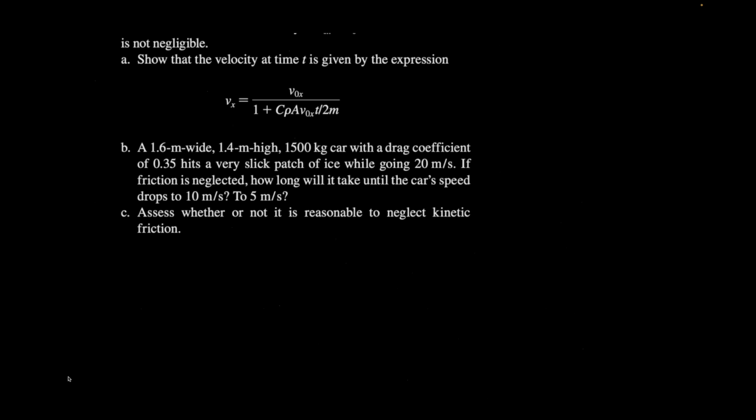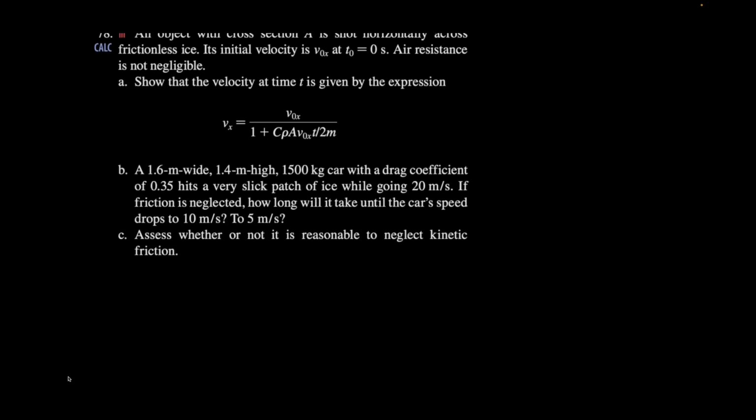For B, since our object is considered a rectangle, traveling like that, C for a rectangle is 0.35. That's just a coefficient. We need to figure out, if friction is neglected, how long it will take until the car's speed drops from 10 meters per second to 5 meters per second.